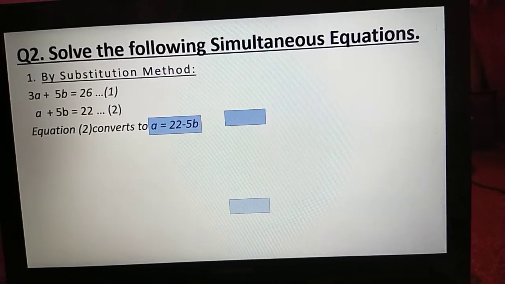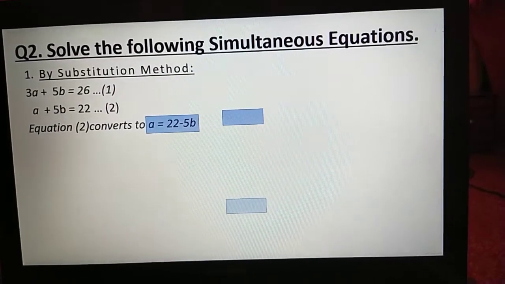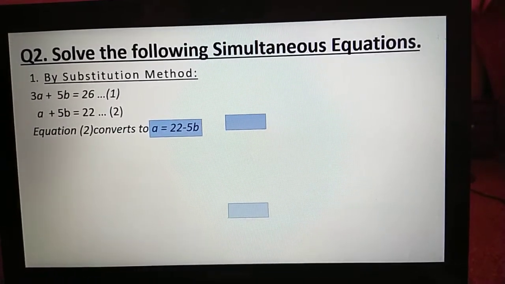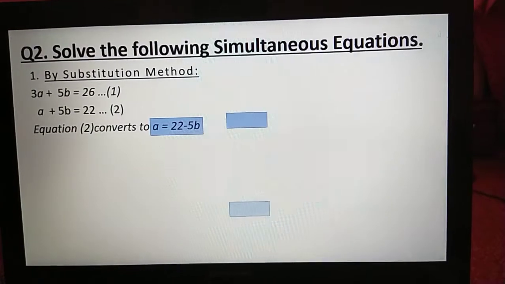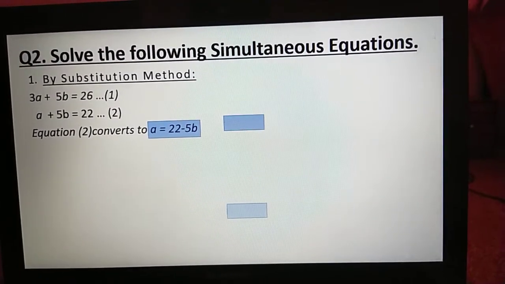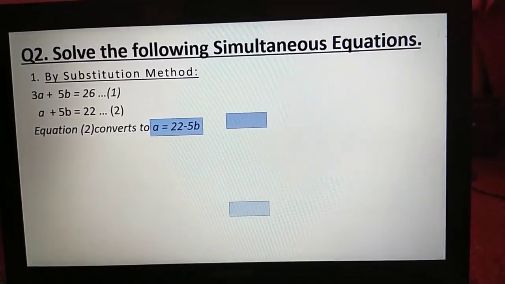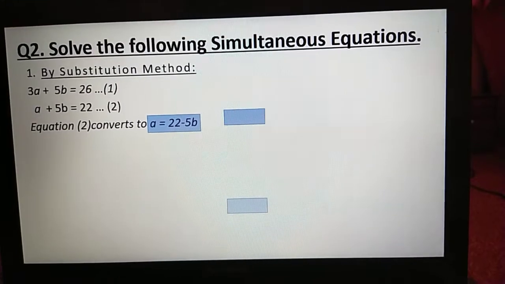Now in these equations, which variable has coefficient 1? So look at the second equation. Can you all see? Yes, a has coefficient 1. So we convert that equation to a is equal to 22 minus 5b.